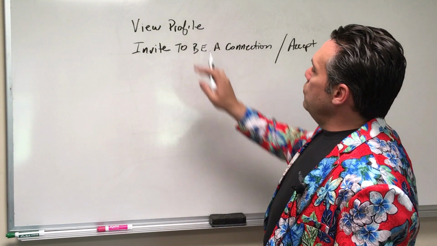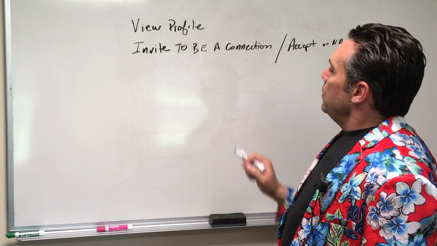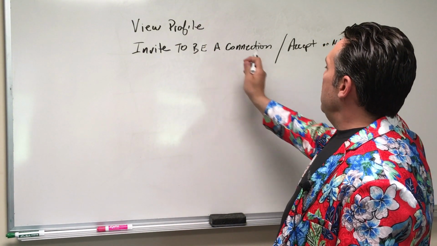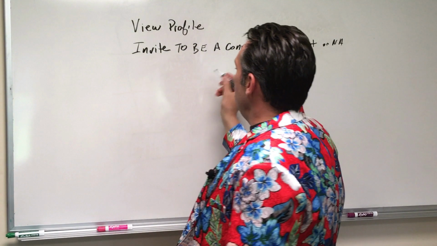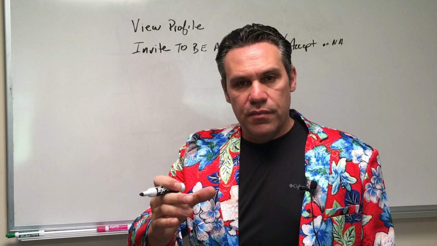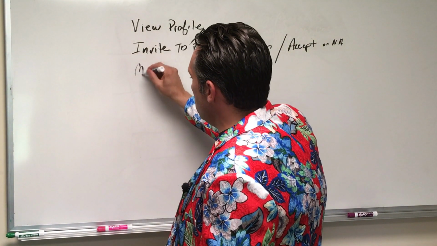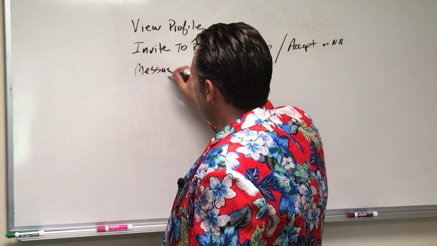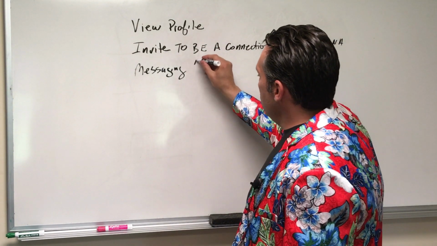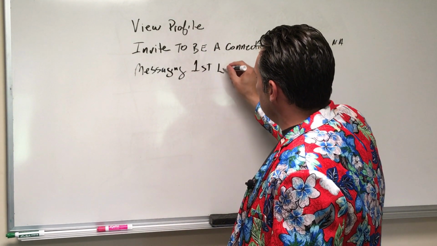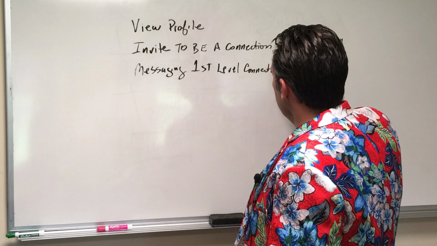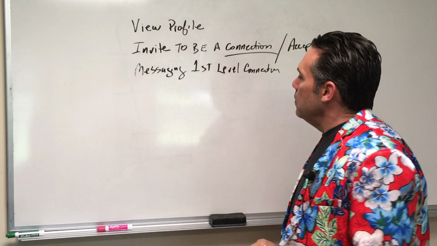You look at who's viewing your profile. This is your profile. Who's viewing your profile? You invite people to be connections. People that are your connections, you can message them in LinkedIn, right? And you use that tool called messaging. The people that you're connected to are your first level connections in LinkedIn. That's what they call them, first level connections. The people that you're connected to, okay?